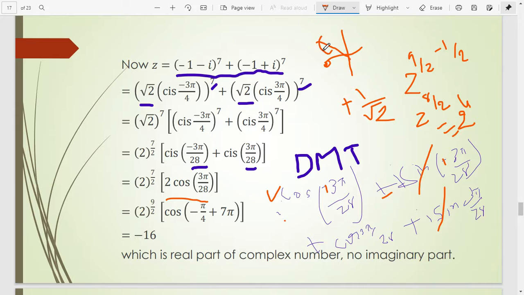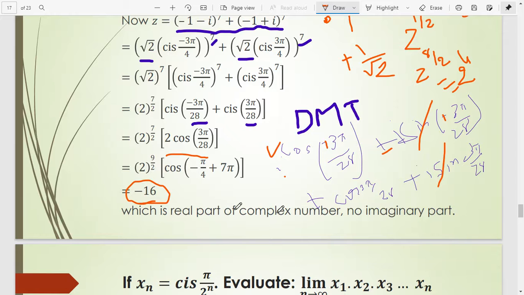So here sin is positive, cos negative, so this is equal to minus 16, which is the real part of the complex number, but there is no imaginary part of the complex number.